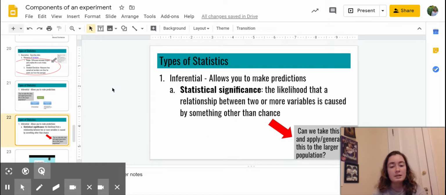So a really important key term, ding, ding, ding, to know is statistical significance. Sometimes an FRQ will ask you, what does it mean if the research results are statistically significant?